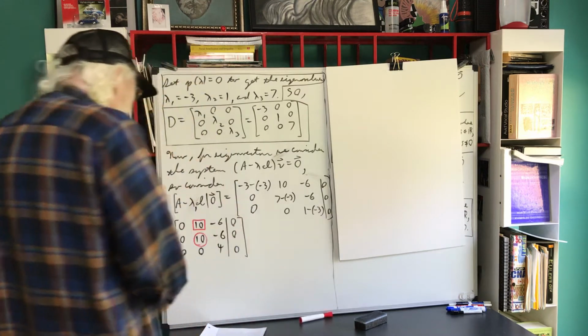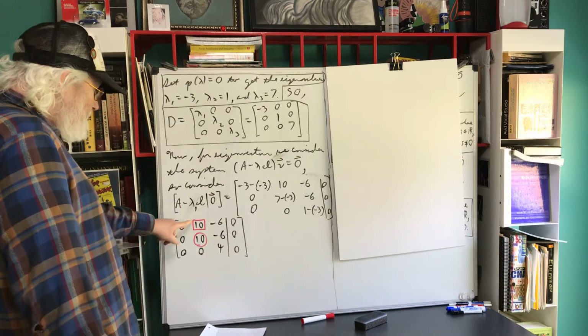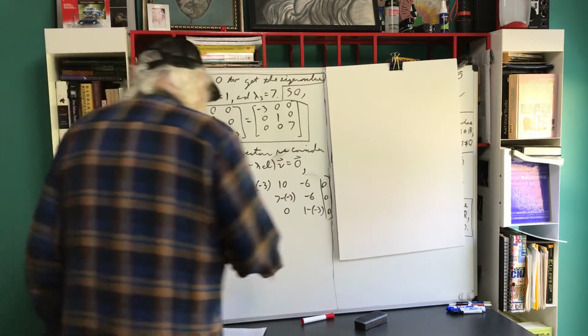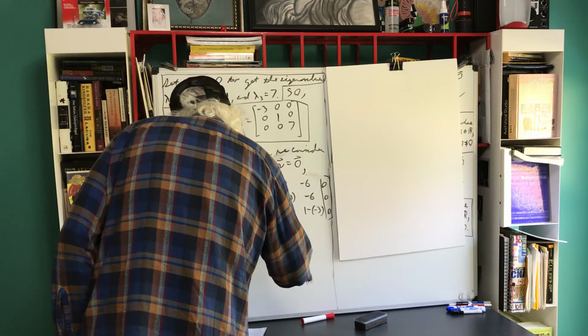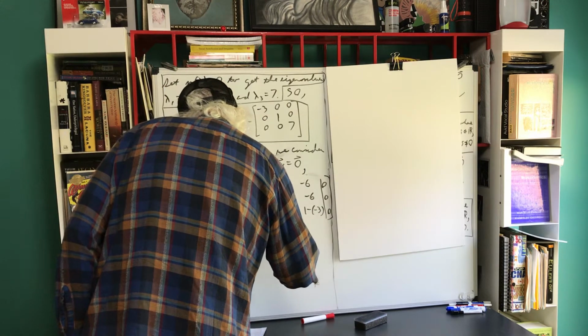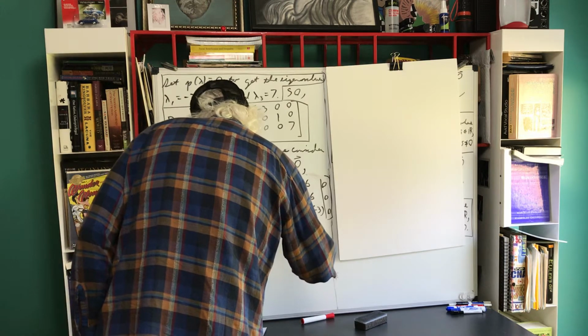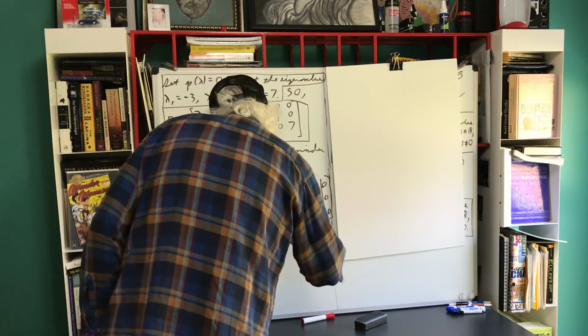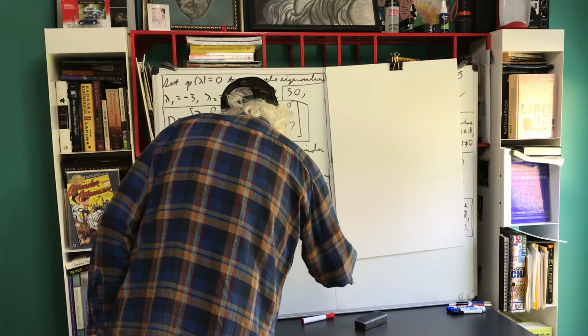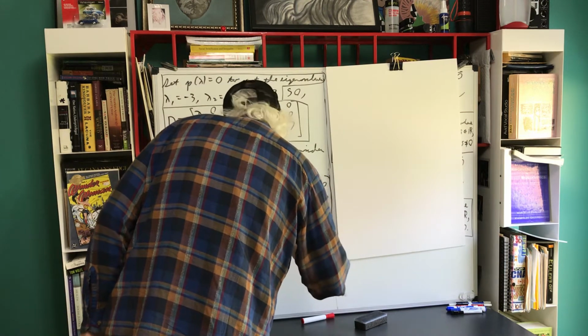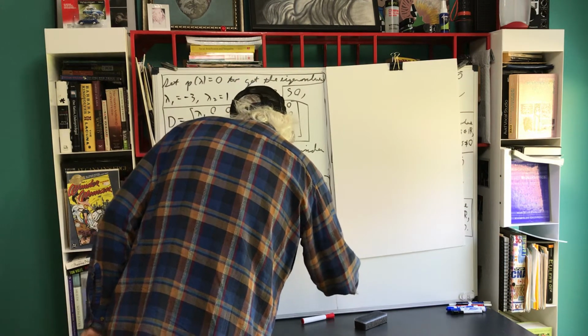We'll see. So let's take the 10 here and eliminate the 10 in that second row by taking row 2 and subtracting row 1 from it. Okay, so row 1 won't change. Row 3 won't change either.